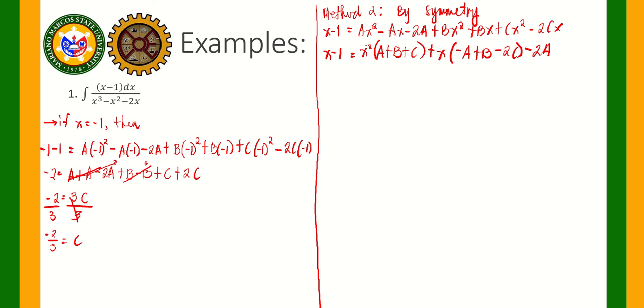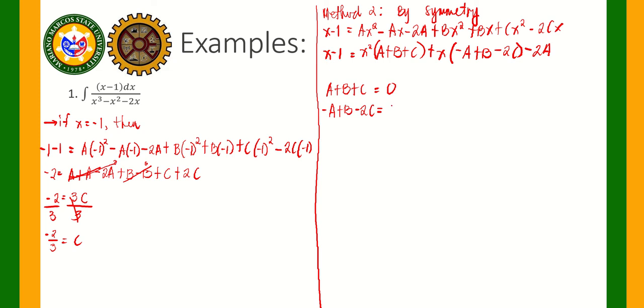Okay, so lahat ng x squared dito, yung numerical value niya, i-equal natin sa numerical value ng x squared dito. Pero since wala, so this will be equal to 0, or baliktarin na lang natin, that is a plus b plus c is equal to 0, since wala namang x squared dito sa left side natin. And for this one, we have negative a plus b minus 2c is equal to, what is the numerical coefficient of our x variable here sa left side?